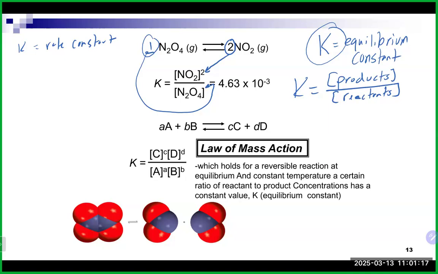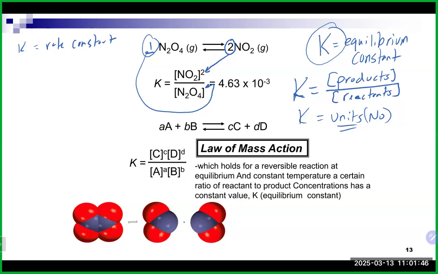Although a lot of times they beat units, units, units into your head, K typically does not have units. It is really just a number. And the equilibrium constant, much like the name implies, is a constant value for a reaction, the way it is written, at a specific temperature.